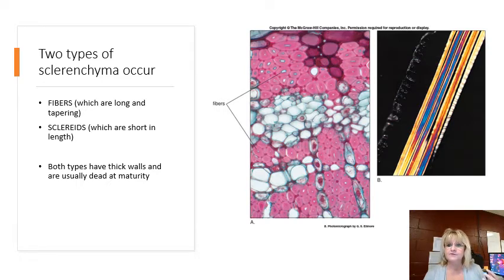The picture on the left shows you a cross section, and then you've got a longitudinal section in B. And just follow where the lines by fibers go so you can see exactly in the middle of that cell. Those are long and tapering. This is just a cross section. If you look to the right, you would see where they are long.